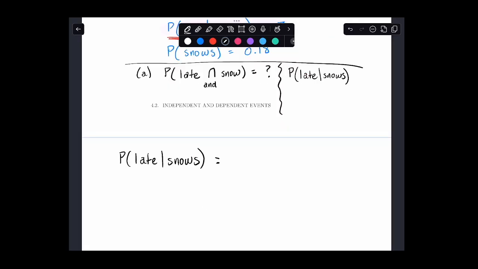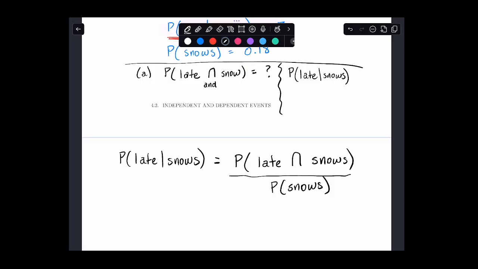So using our formula for conditional probabilities, we would say that this probability is equal to the probability of the intersection, so late and snows, divided by the probability of the thing we're given. So divided by the probability that it snows.